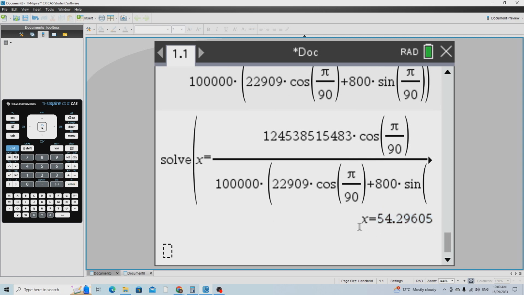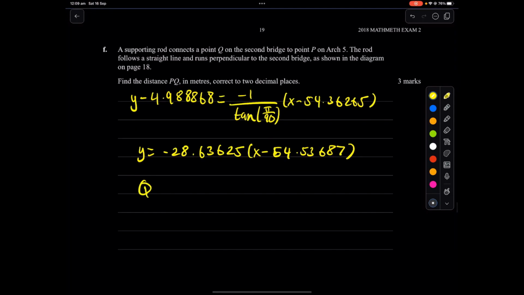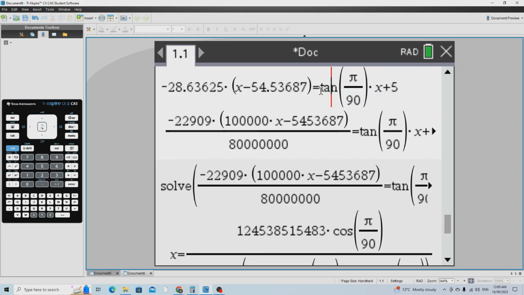So that should be Q. That line should be Q now, because that's where they should be intersecting. So that point is Q. So the point Q is, let's write the coordinates: 54.29605, and the y value for it is, we can just use any of these. Let's take this one over here.